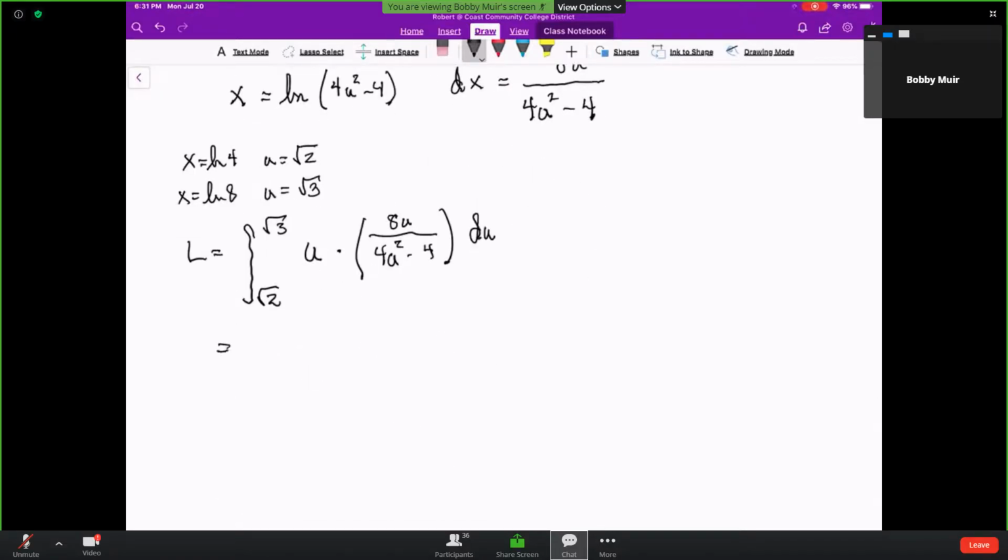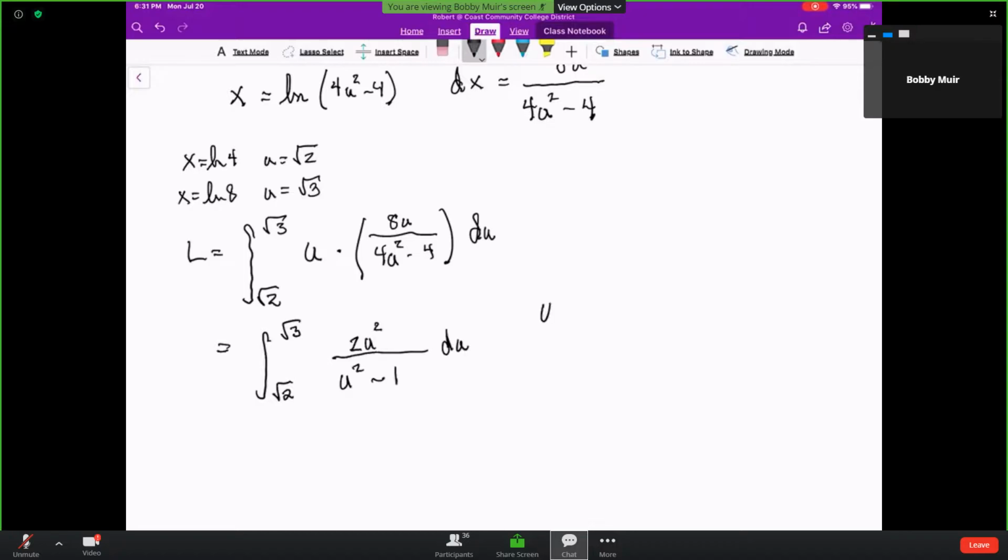Do some canceling here, and we're going to end up with the integral from radical 2 to radical 3. And it's going to be 2u squared in the top, and in the bottom, it's going to be u squared minus 1.